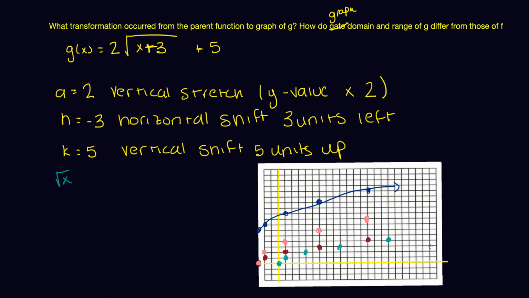If you remember, this blue right here was my parent function. And the domain and range for my parent function: the domain is x greater than or equal to 0, and my range is y greater than or equal to 0.